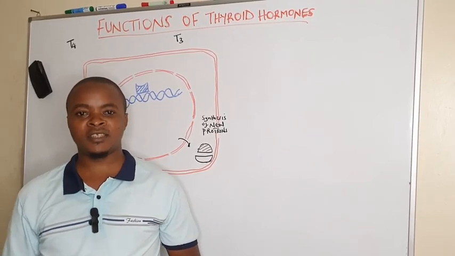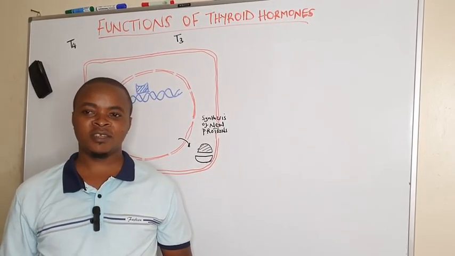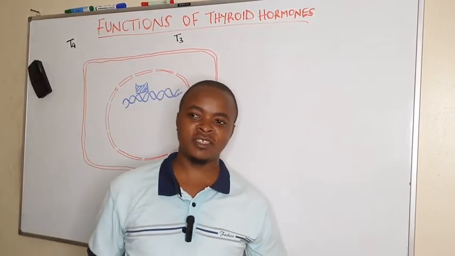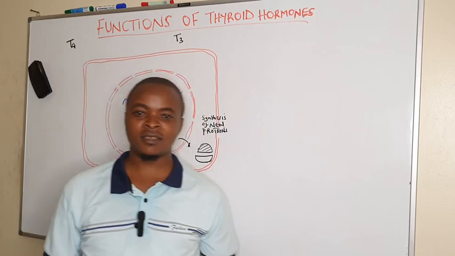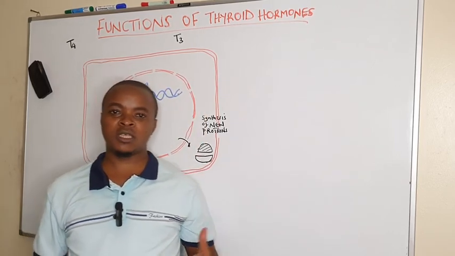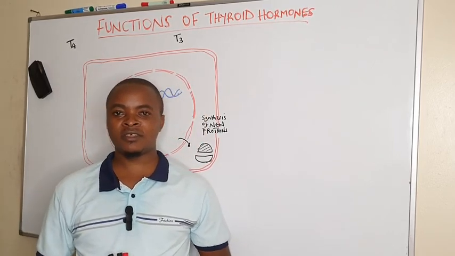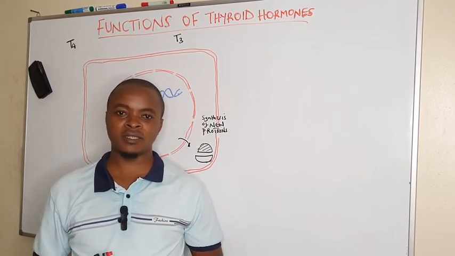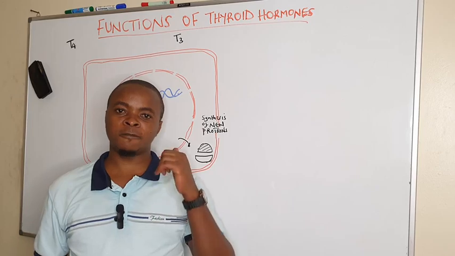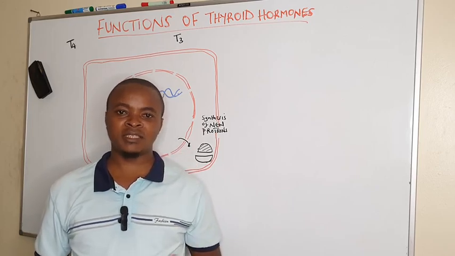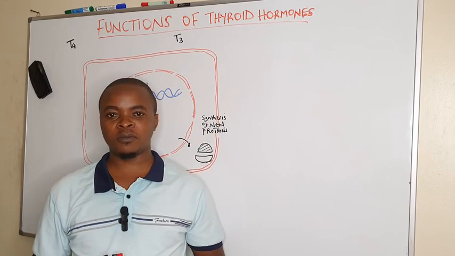In today's lecture at Medical Sciences, I want to discuss the functions of the thyroid hormones. Previously, we discussed the synthesis of T3 and T4, those are thyroid hormones, and we saw that the thyroid gland predominantly produces T4.